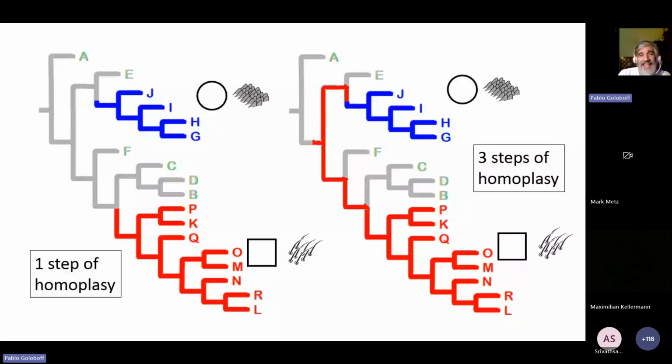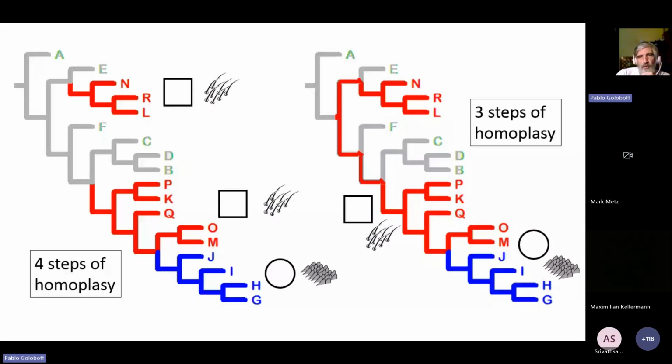Now, does that mean that it is always going to be preferable to consider the tails as homologs if you have more dependent characters? No, not necessarily.